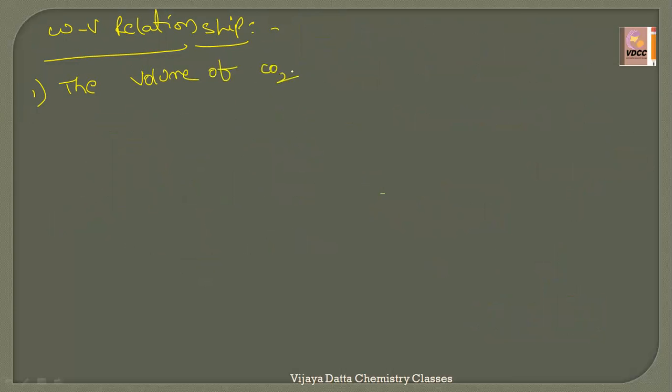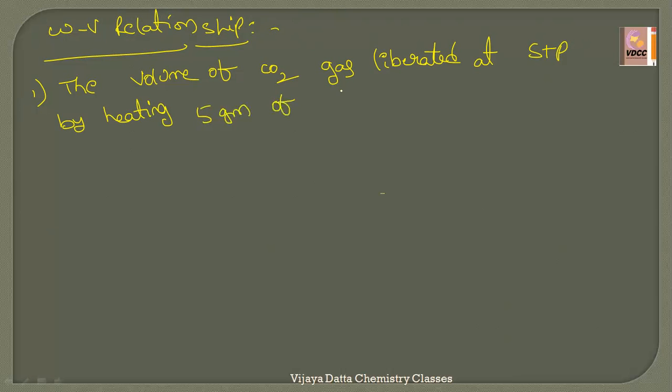How will he ask weight volume relationships? Calculations are based on weight volume relationships also. Let us see the first problem. The volume of CO2 gas liberated at STP by heating 5 grams of pure limestone is.